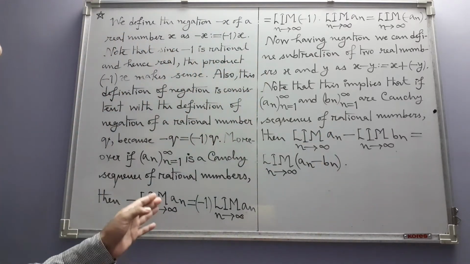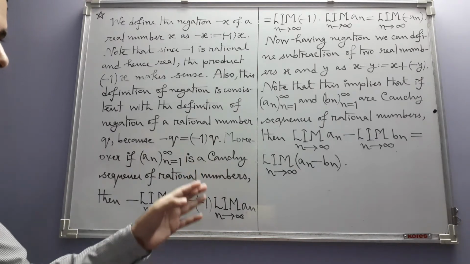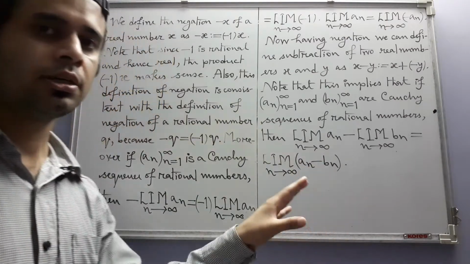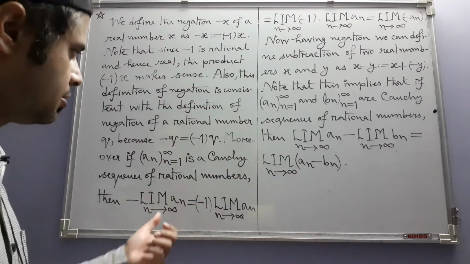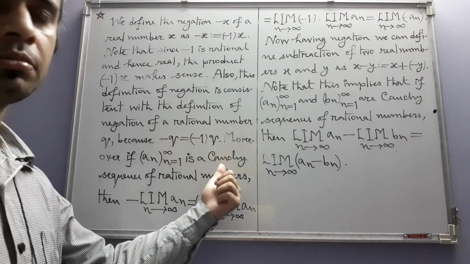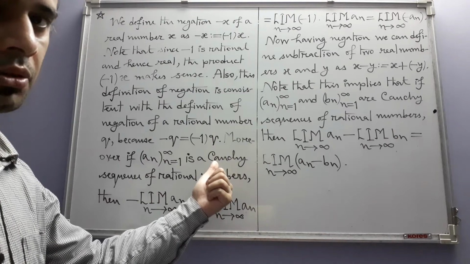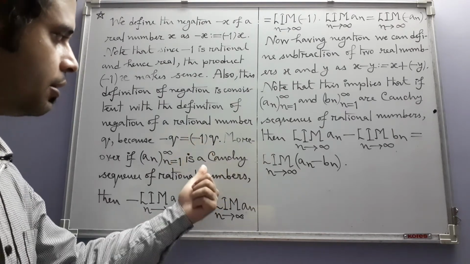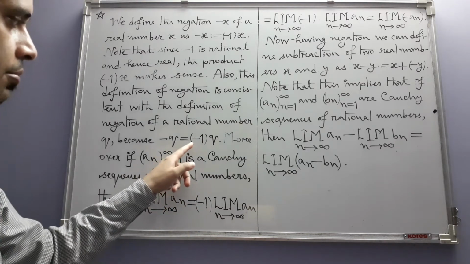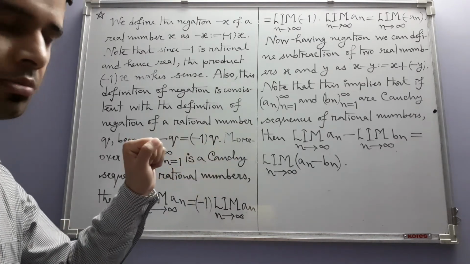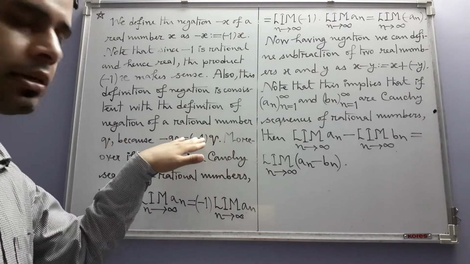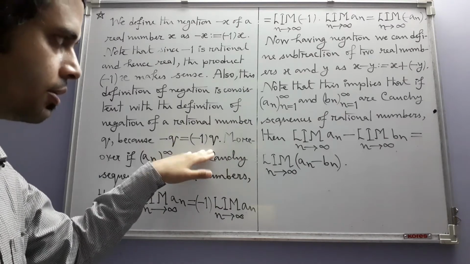Note that unlike addition and multiplication, here we are not saying anything about the substitution axiom being satisfied. The reason is that we are defining negation in terms of multiplication. Note this carefully. So there is no need to verify the substitution axiom, because we have already verified it for multiplication, so automatically it is going to be true also for this particular case of multiplication, that is negation.